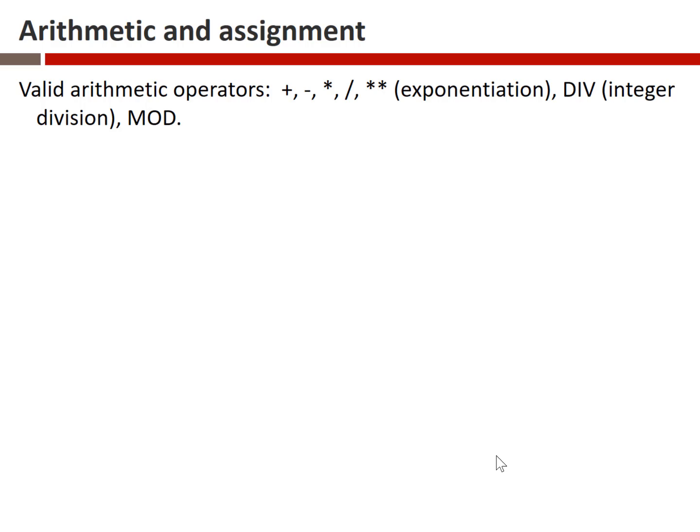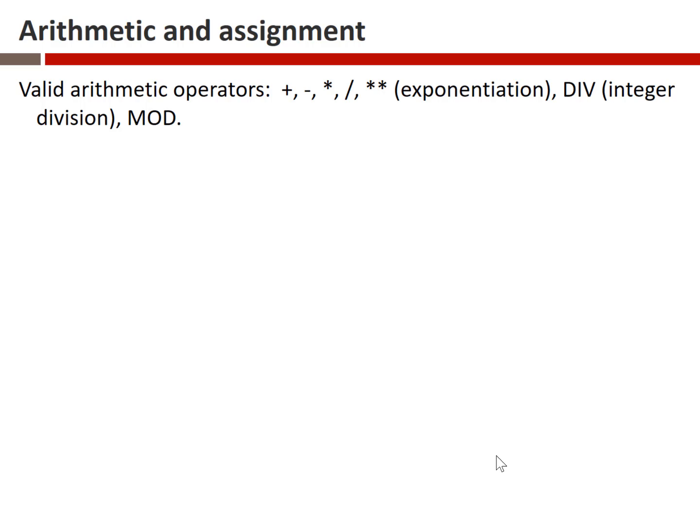So those work the same way they've worked for you in other programming languages, with the exception that you might not have had exponentiation as an operator in other languages that you have worked with. There are, of course, rules of precedence for these operators that pretty much follow the normal rules that you learned in math class in high school or before or after.